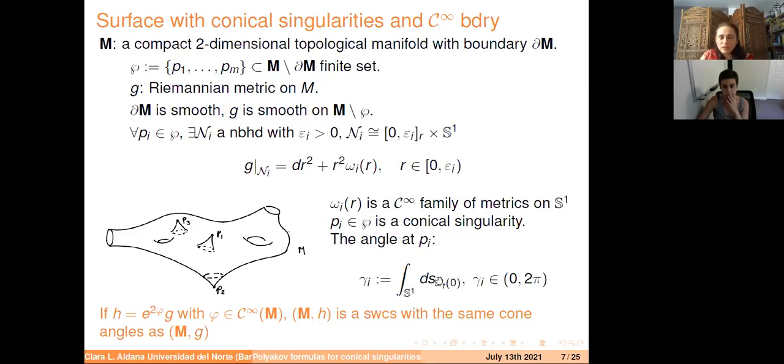And what is important here is if we have a metric with conical singularities on M, and we have a conformal transformation of this metric with a conformal factor that is smooth, and in this case smooth up to the boundary and also through the conical points, then the resulting Riemannian manifold is also a surface with conical singularities that has the same cone angles as the original metric. So we don't change the angles by multiplying by a smooth conformal factor.